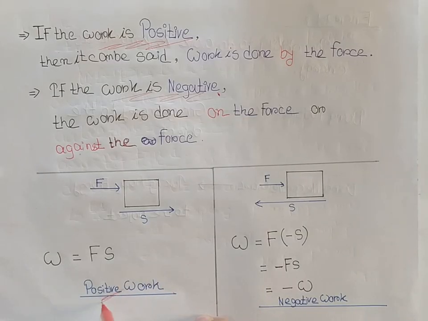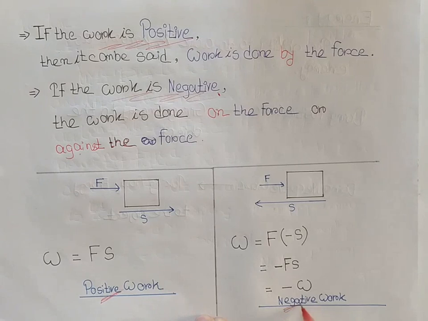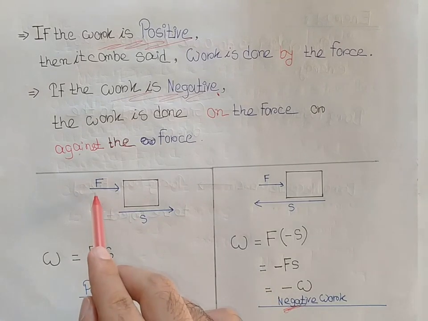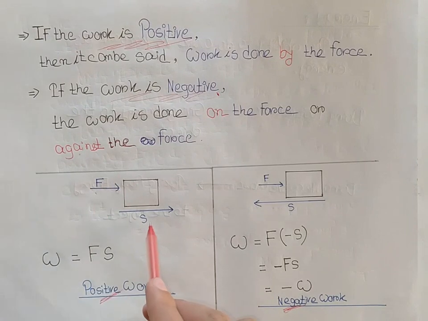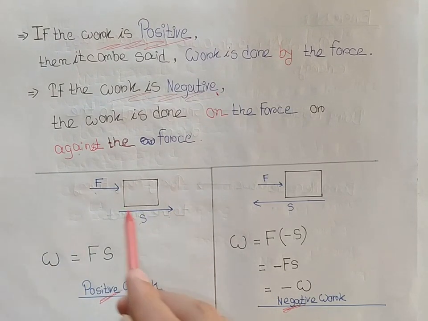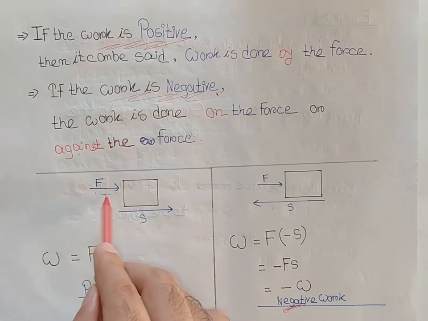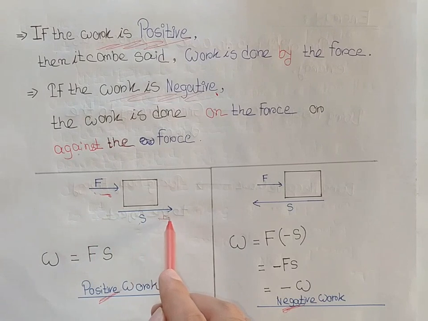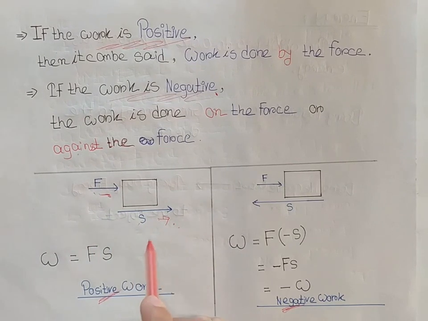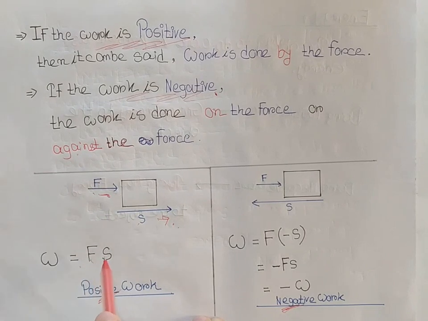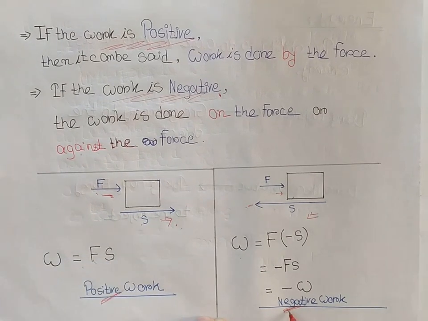We are well familiar with two terms. One is positive work and the other is negative work. What is positive work? When force is applied and displacement occurs in the direction of force, which means force is applied in this direction and displacement also occurs in this direction. Then the work is positive and it will be work equals to force into displacement. Negative work.